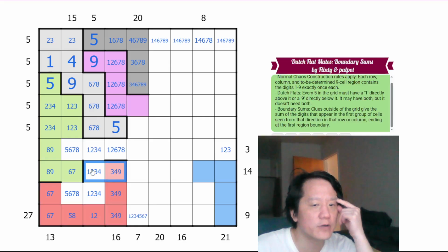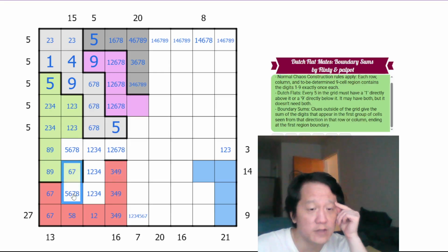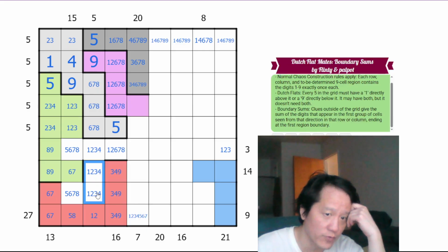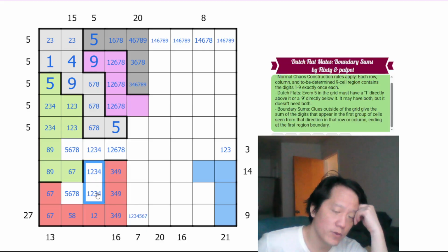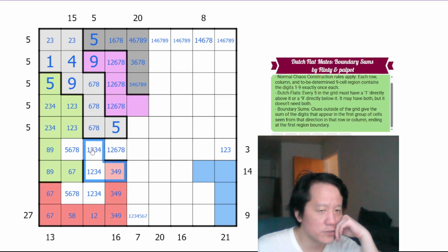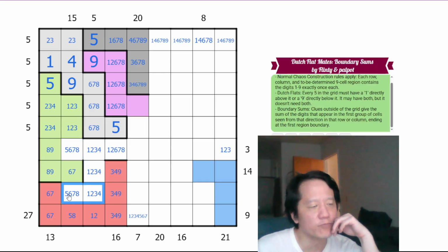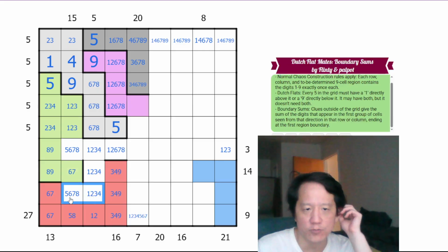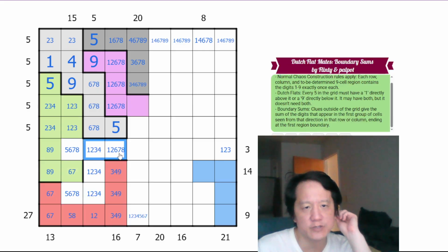If we try going here, then only one of these can be green, and this would not have a... I guess it could be both of them. We do know that these two cells can't go that way. So if we try going that way, again, one of these could be part of green, but the other one would not be. So this has to be its own separate region.